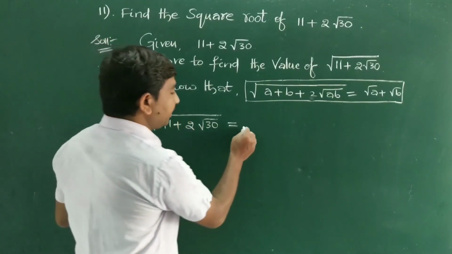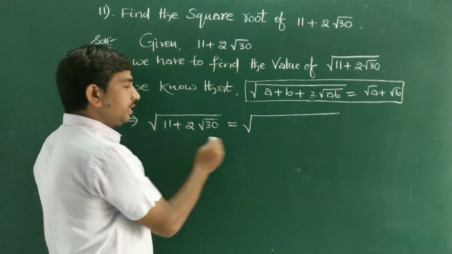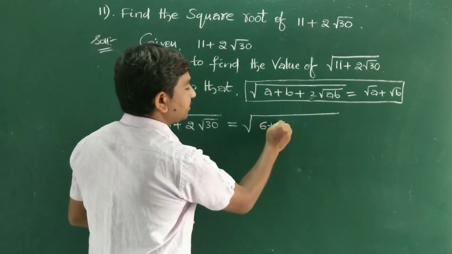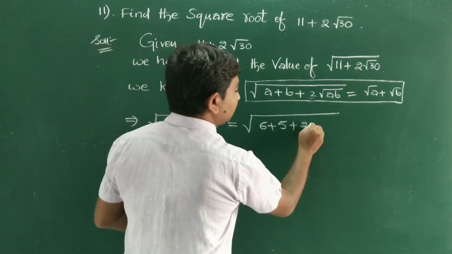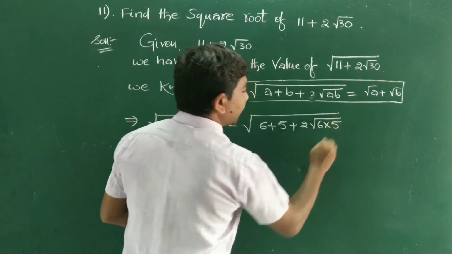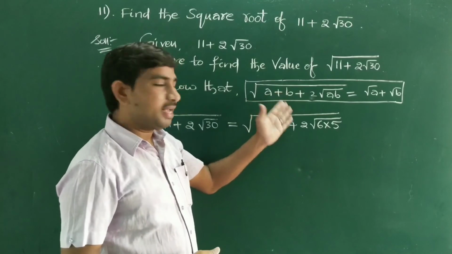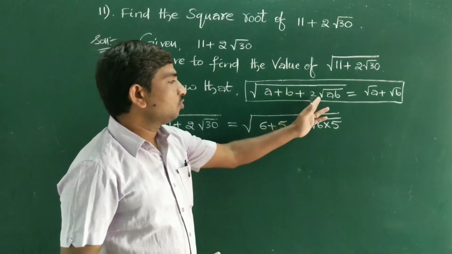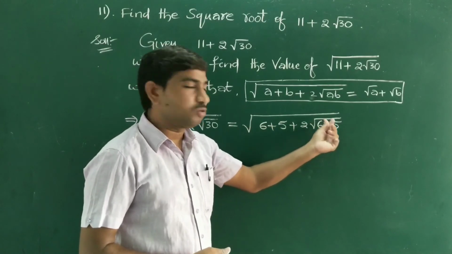So now I am rewriting this in the form of what? This 11 can be written as 6 plus 5, plus this 2 root 30 can be written as 6 into 5. So 11 can be written as 6 plus 5 plus 2 root ab, and 2 root 30 can be written as 2 into root 6 into root 5.